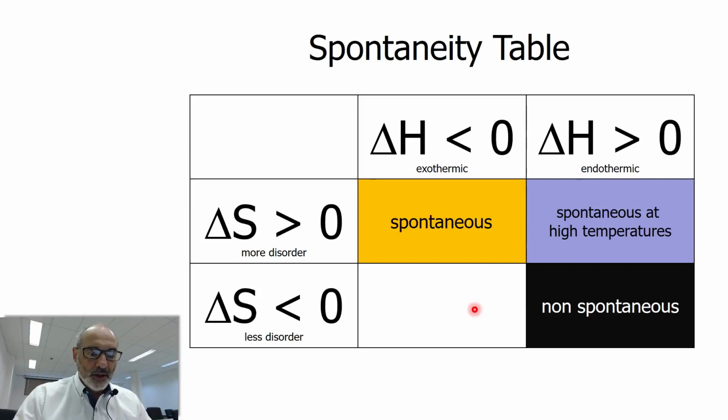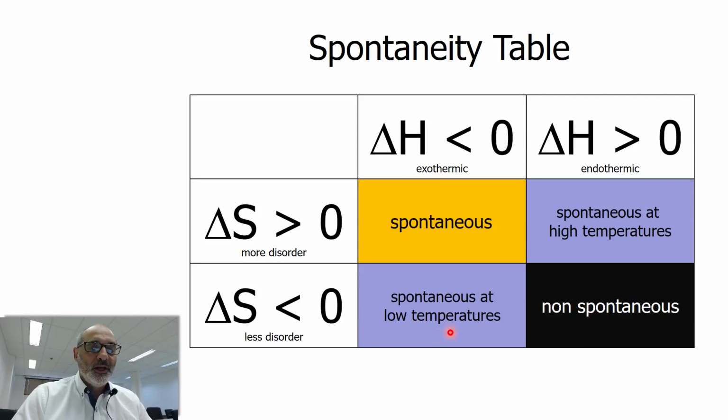And this other one here, exothermic, releases energy. Releasing energy favors spontaneity, but reducing entropy disfavors spontaneity. So in this case, it's conditionally spontaneous, and we already know that it is spontaneous at low temperature, like assembling parts of a car to bring about a car.